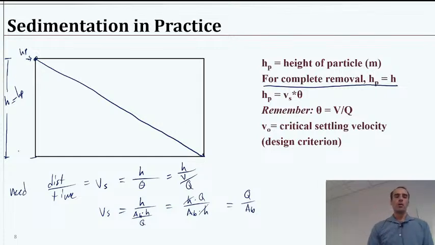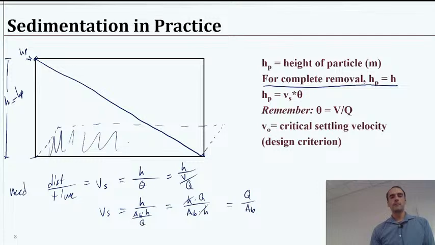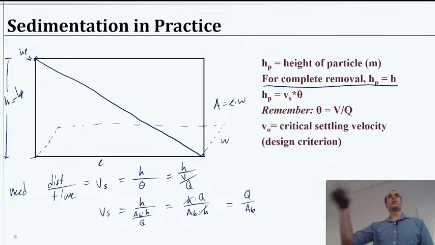If this is a rectangular system, that flow is going over the area of this basin, right? Given this is length, this is width, the area in this case is length times width. Of course, if it was circular, we'd use the area of a circle.